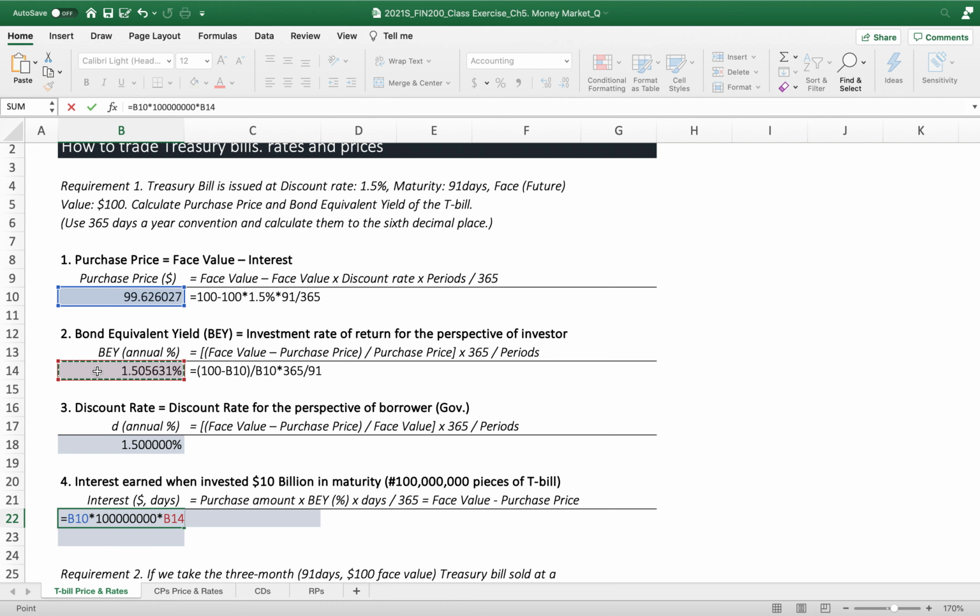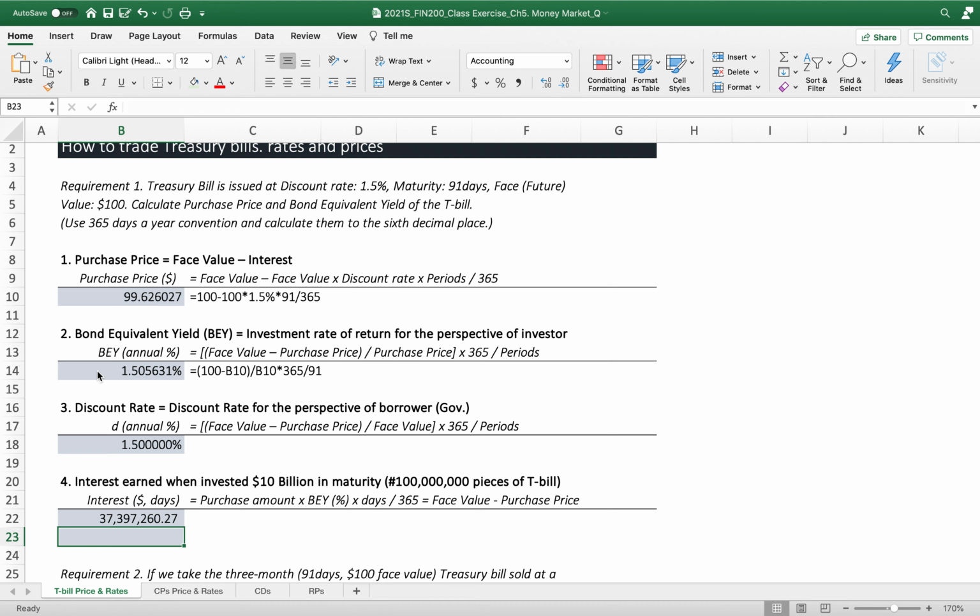Okay, how much interest we'll get when we purchase this treasury bill at $99.626027? So we apply this BEY, and then number of period 91 days out of 365 days. So we got 37,397,260.27.